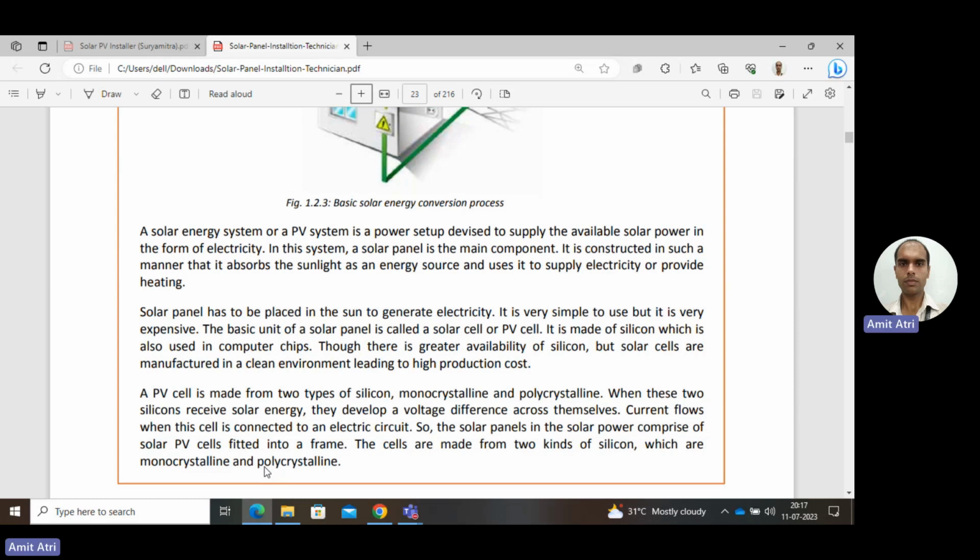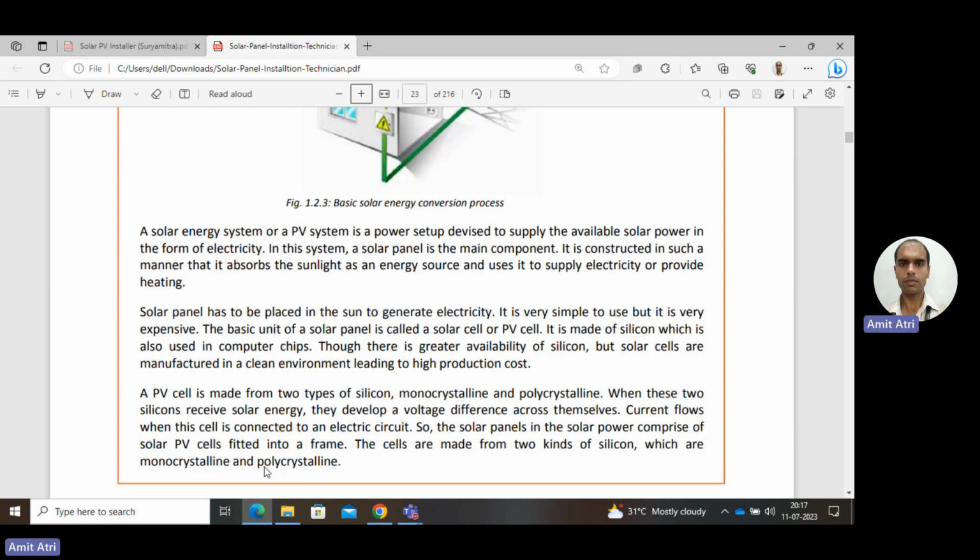So the solar panel consists of a basic unit, that is the solar cell or PV cell, photovoltaic cell. What is it? It is made up of silicon, similar to the silicon used in computer chips. The PV cell is made of two types of silicon. What are the two types? Monocrystalline and polycrystalline.